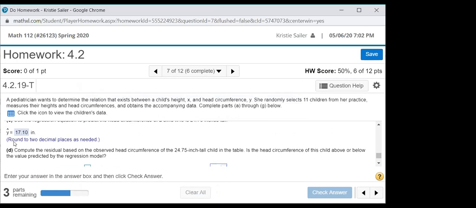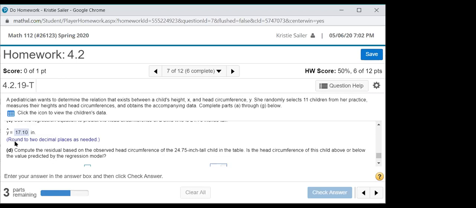Okay, so to get the residual, you take the data value from your table, which was 16.9, and subtract 17.10 from it. So the residual formula is the observed value minus the predicted value?